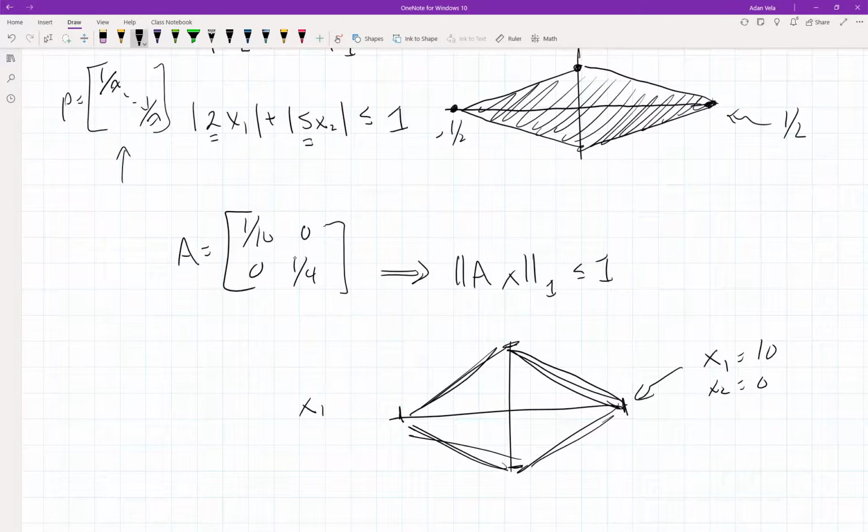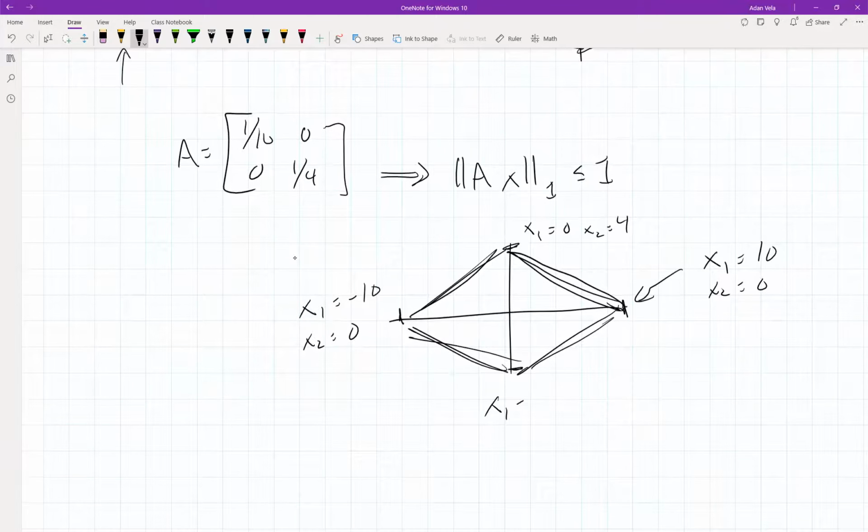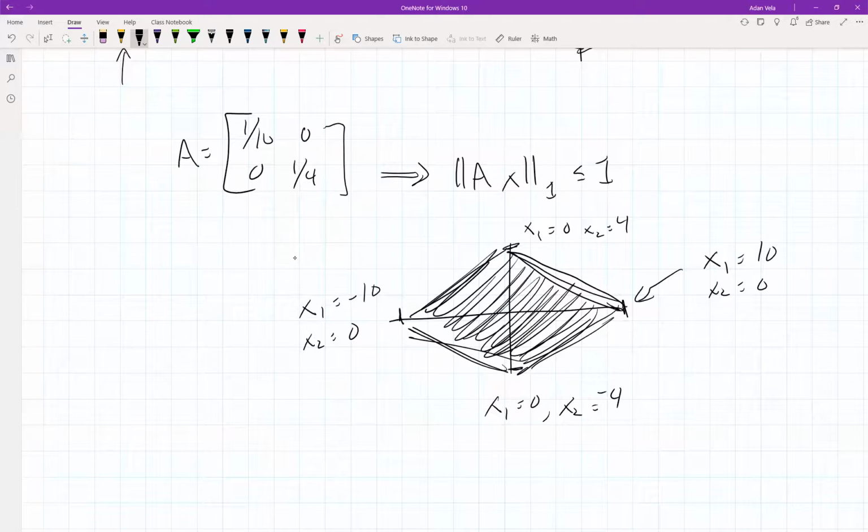Here we would have x1 equals -10, x2 equals 0. Here x1 is 0 and x2 is 4, and x1 is 0 and x2 is -4. Everything inside this stretched out diamond, where the radii along each axis are given by the values in this A matrix, is feasible.